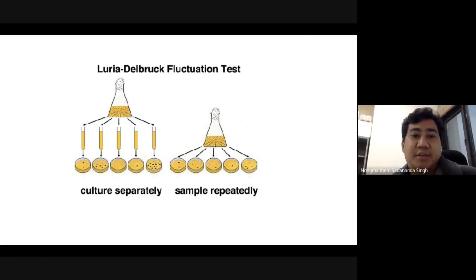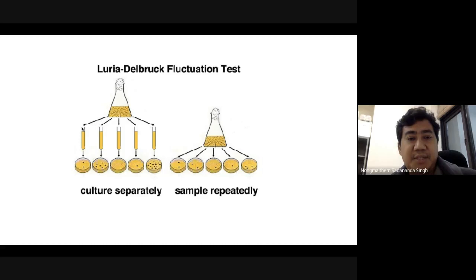For example, if you are doing a culture of 10 ml, you can say one bacterium per 100 microliter, or one bacterium per 1 ml. So per unit volume you have a single bacterium, and you inoculate it, culture it, and plate it on a selective medium plate to check whether any mutant is resistant to bacteriophage or antibiotics.